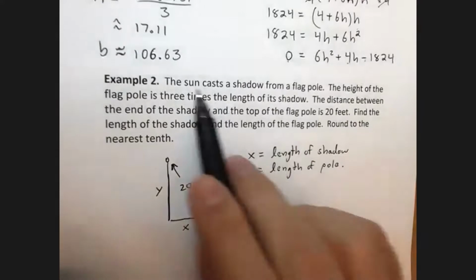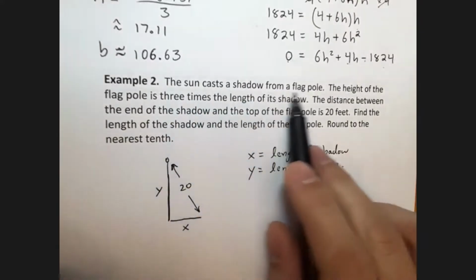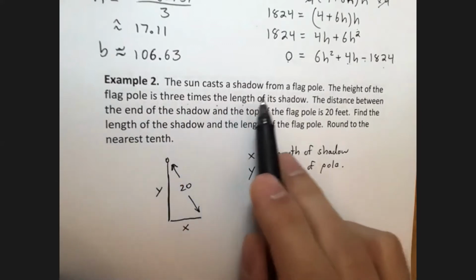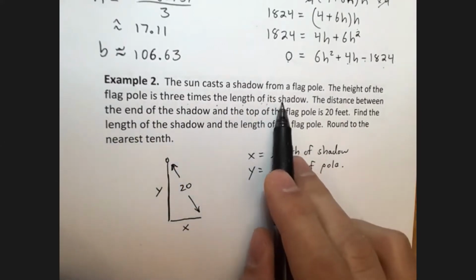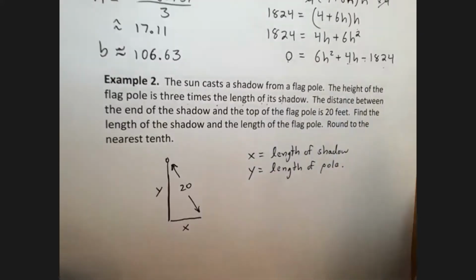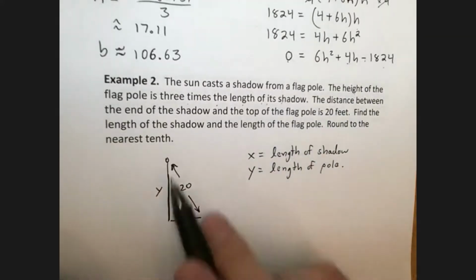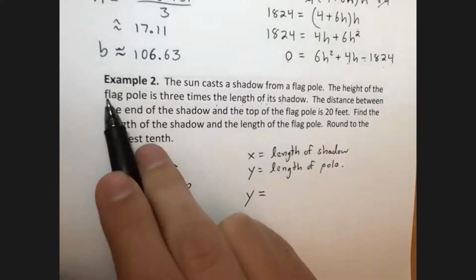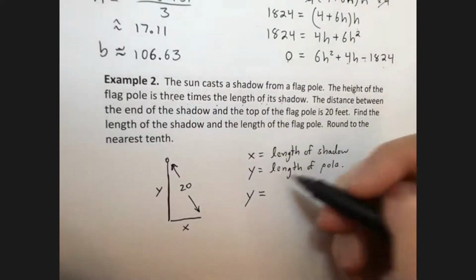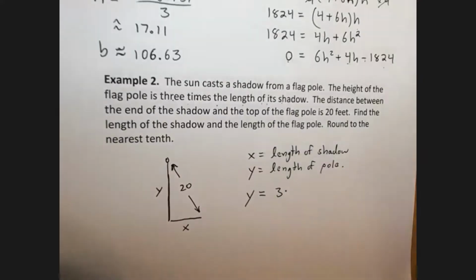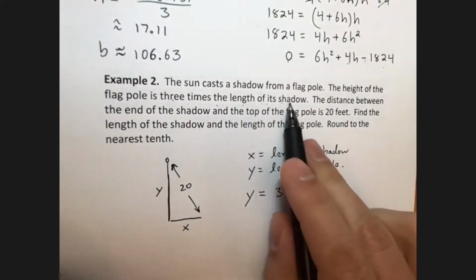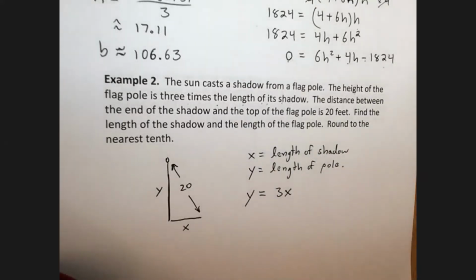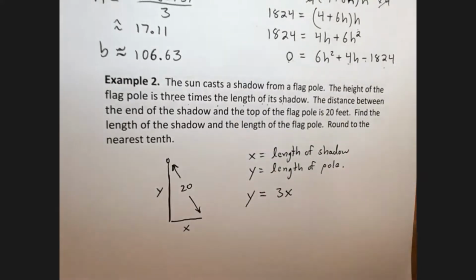Let's go back to the beginning of the problem. The height of the flagpole is 3 times the length of its shadow. We haven't used this yet. The height is what I'm saying Y is. So Y is 3 times the length of its shadow. Well, the length of its shadow is X. So it's just 3X. Okay, so I can express Y in terms of X.